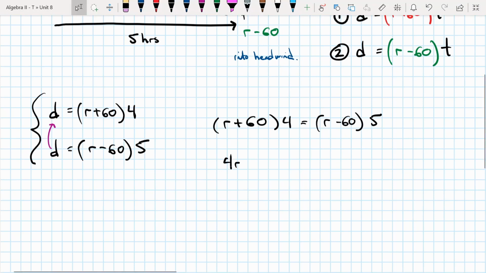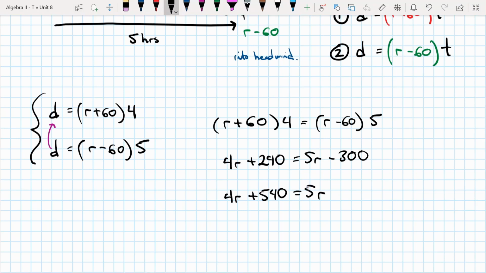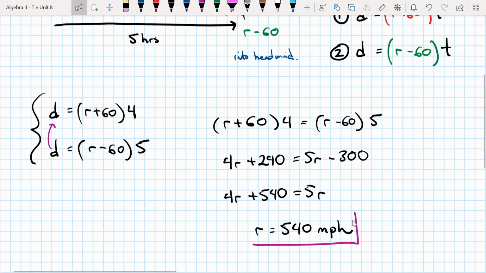So 4 times r plus 240 is equal to 5 times r minus 300. Well, we can move the 300 to the left-hand side and the 4r to the right-hand side. Let's move the 300 first. And now we can move the 4r over. So r is going to be equal to 540 miles per hour. Okay, and that's the rate at which the plane is traveling.